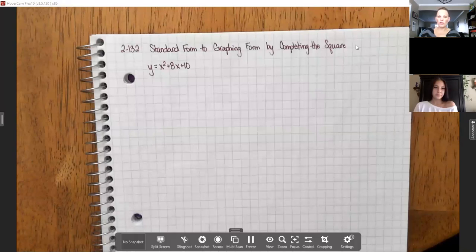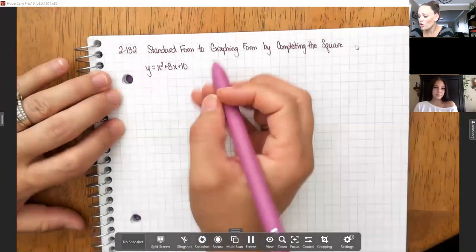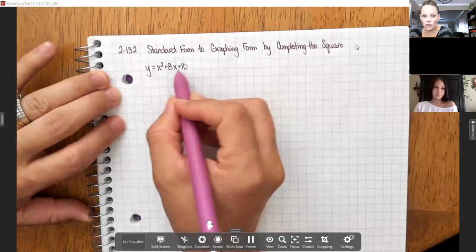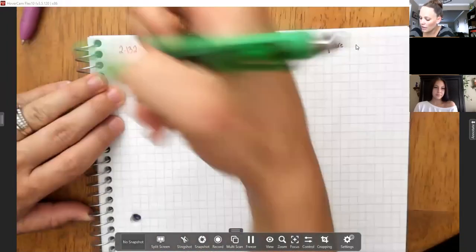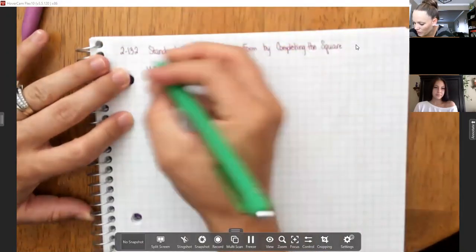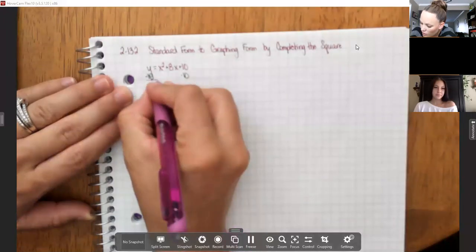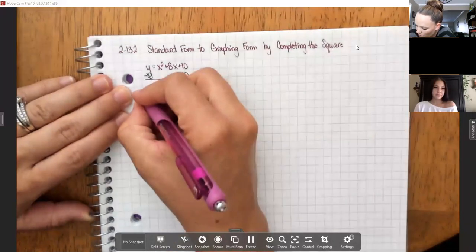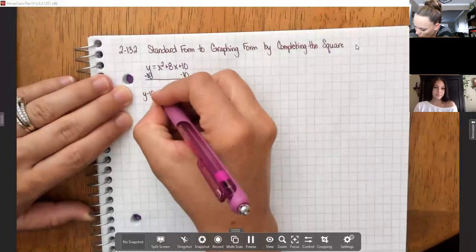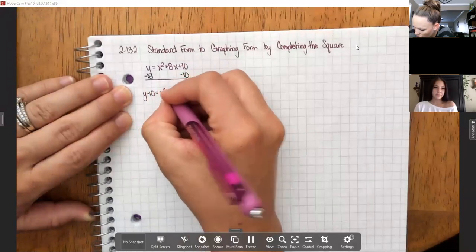What you want to do here, and I may do it a little bit differently than your math 2 teacher did it, and if you do it differently, that's fine as long as you show your work: you want to get your x's alone. So I'm going to subtract 10 on both sides. I'm always going to move my constant over. So I have y minus 10 equals x squared plus 8x.